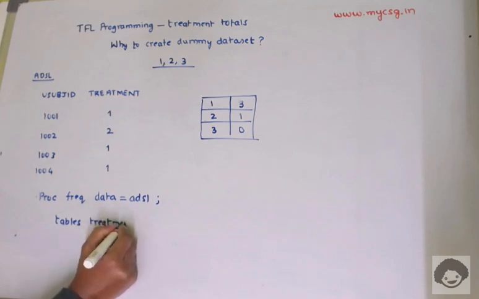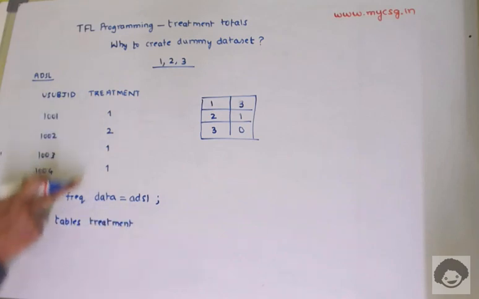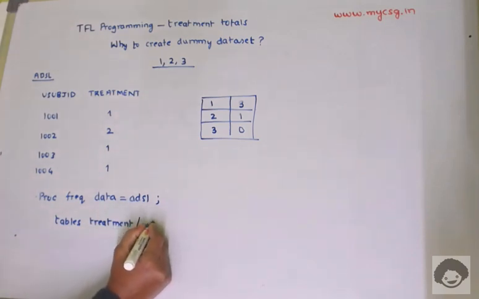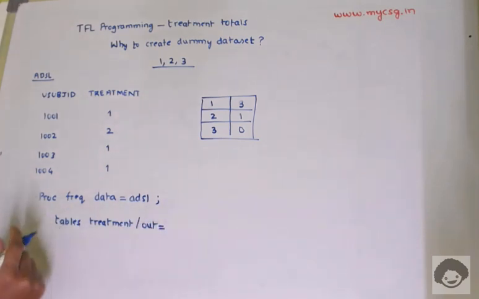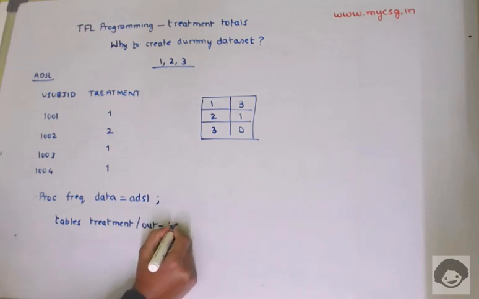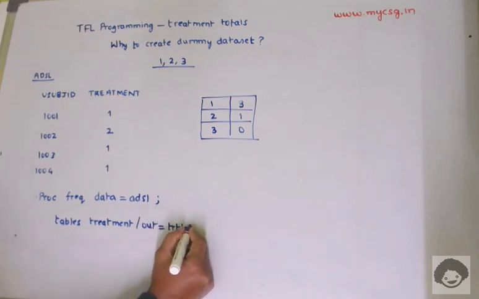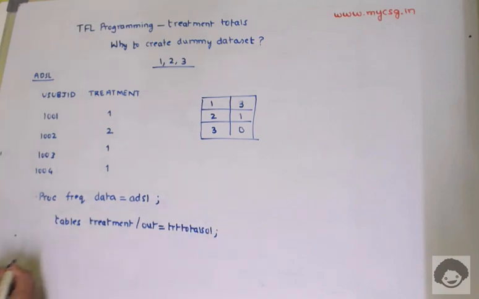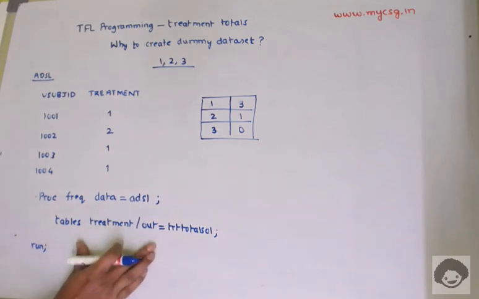In order to get the frequencies into a data set, we use an option called OUT= on the TABLES statement. We were frequently naming it TRT_TOTALS_01, so let us also use the same naming convention here. Then we use the RUN statement. So what happens when we execute this PROC FREQ code?